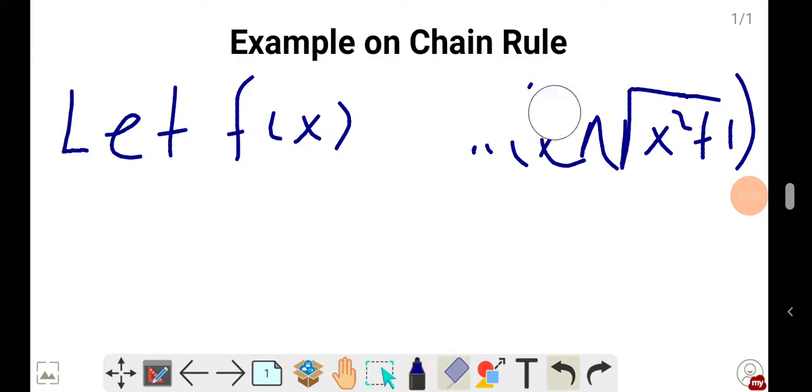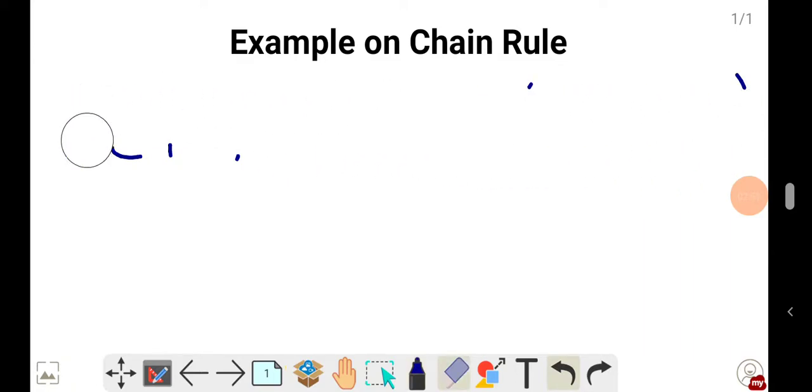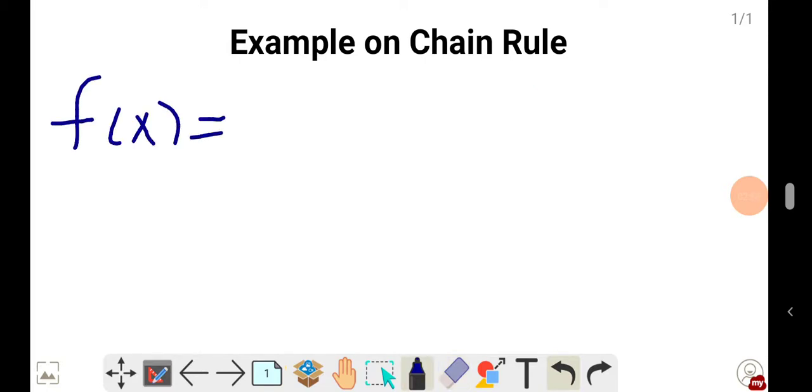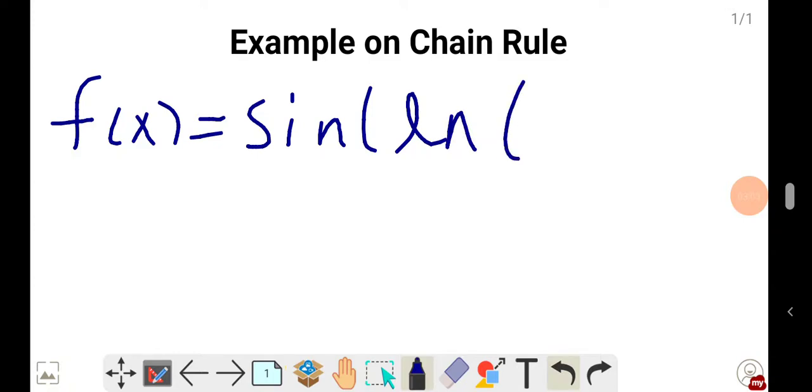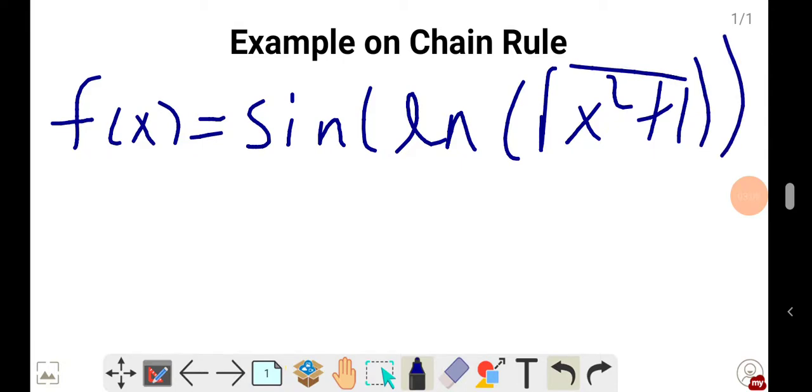Let's write it again once. Let f of x be sine of ln of the square root of x squared plus 1. We can take this as one function, but the functions are composed with each other.